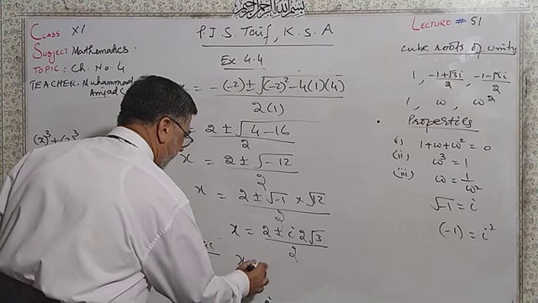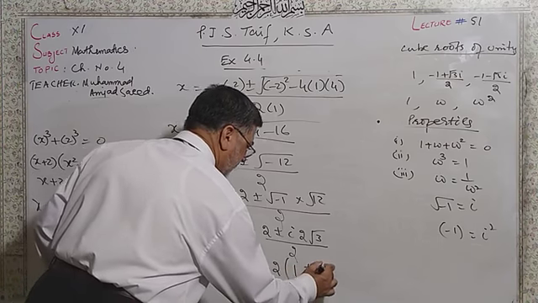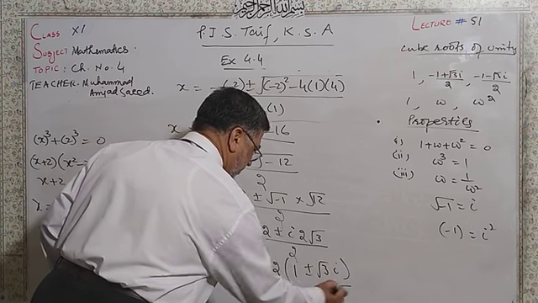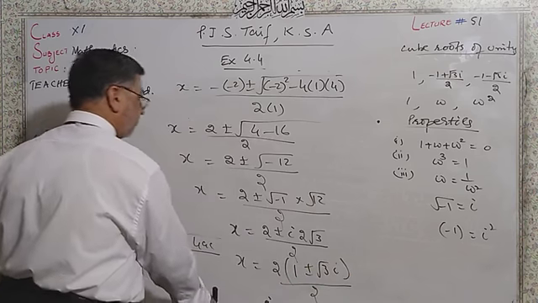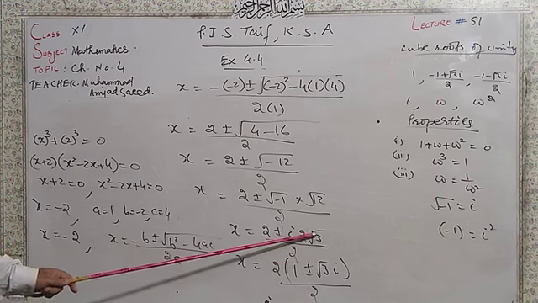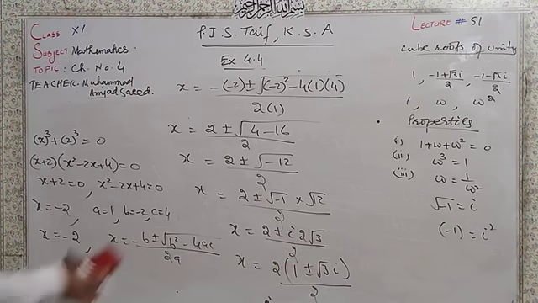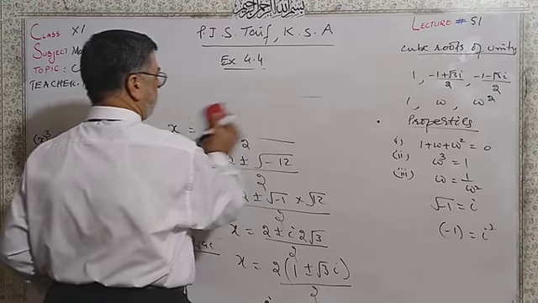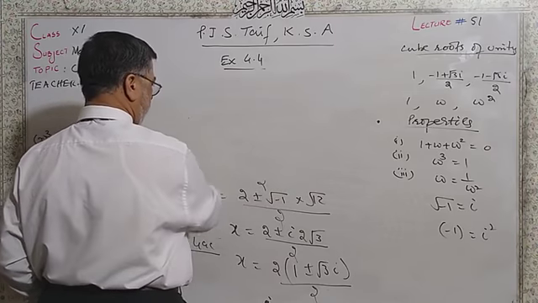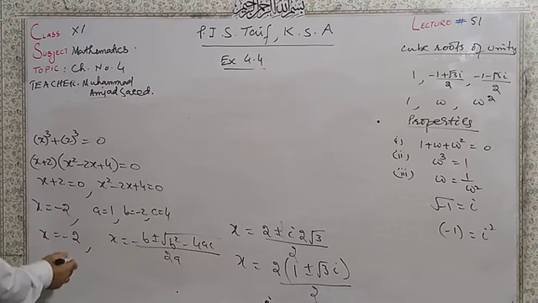Here we can have x is equal to 2 common, 1 ± √3 iota over 2. Remember that we have found one root as -2 here.